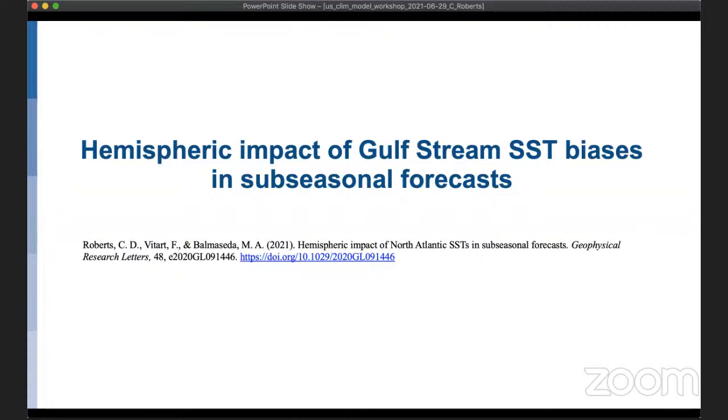And therefore, we can't accurately simulate the separation of the Gulf Stream from the North American continent. The work I'm going to present now shows that if you artificially correct these SST biases in the North Atlantic, we can improve subseasonal skill, both in the Atlantic and Europe, and also in remote regions as signals propagate along the tropospheric waveguide.